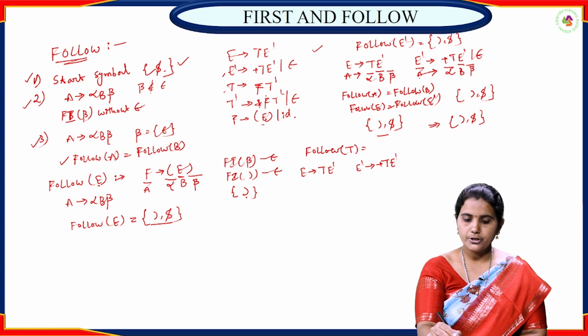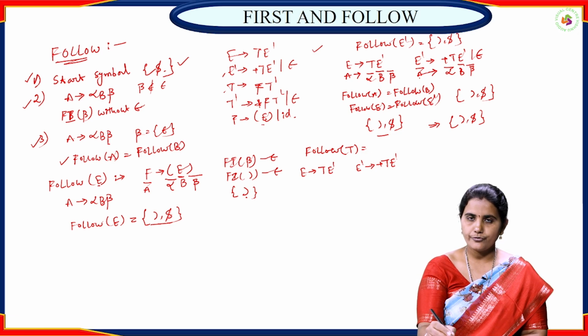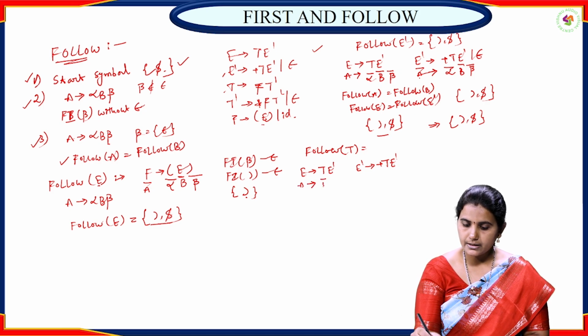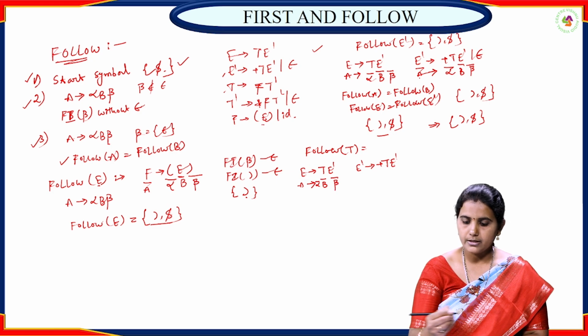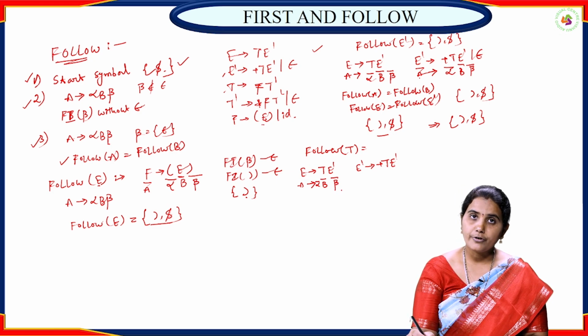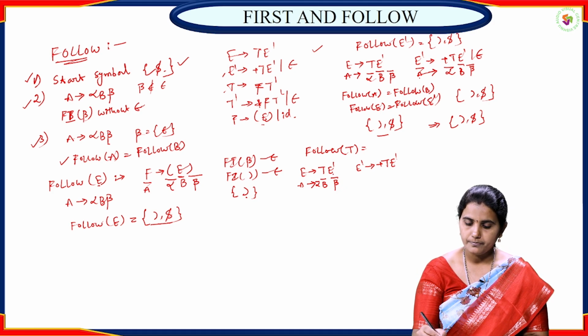Now in the third production T is not found. In the fourth production T is not found. In the fifth production T is not found. Then go for the form A implies alpha B beta, where T is considered B, the left hand side is alpha, the right hand side is beta. Beta is not an epsilon case, means first of E dash.